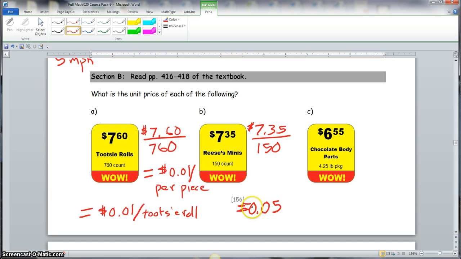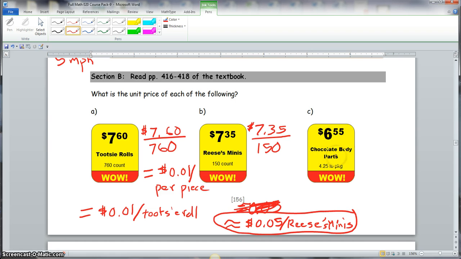So it's approximately a nickel per Reese Mini. Okay, so this is your final answer for this one here.